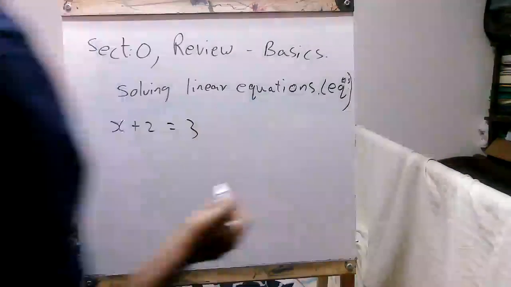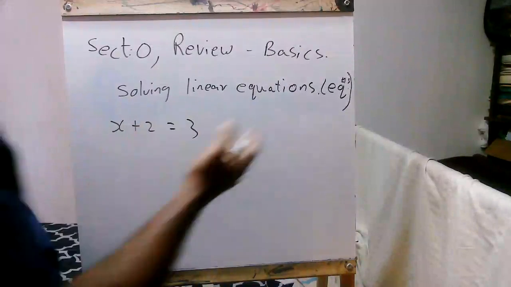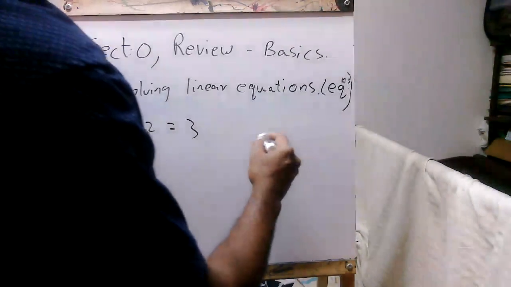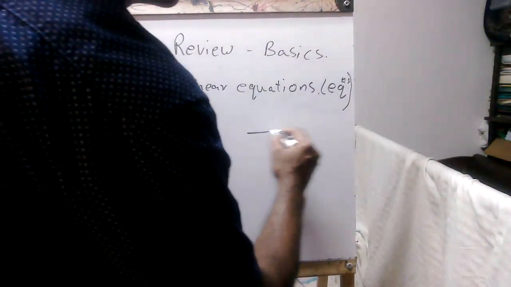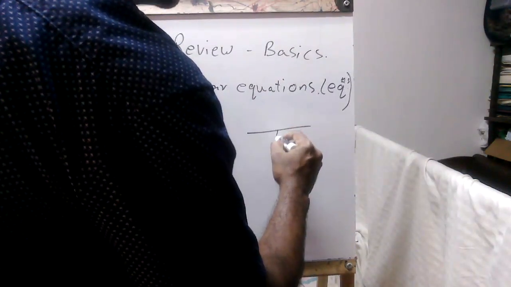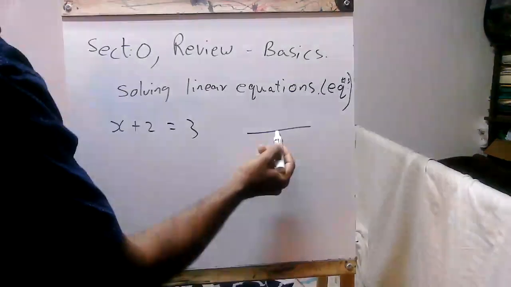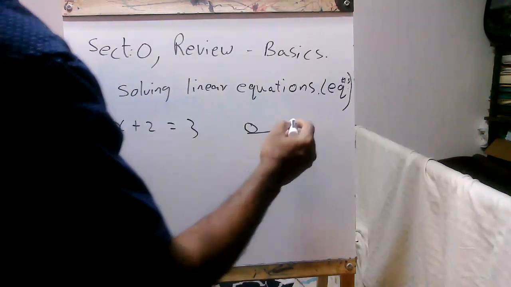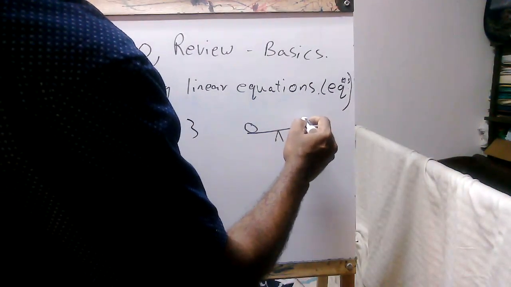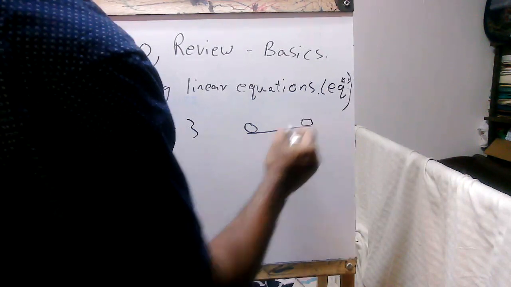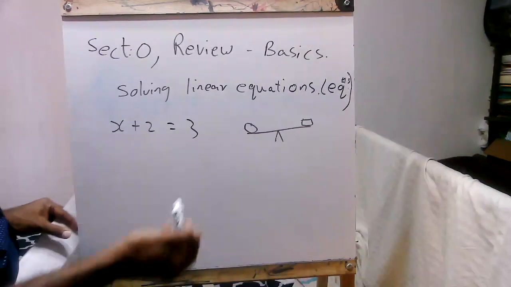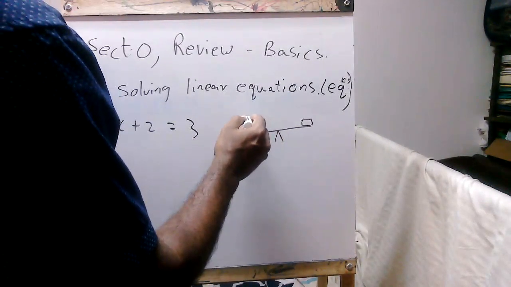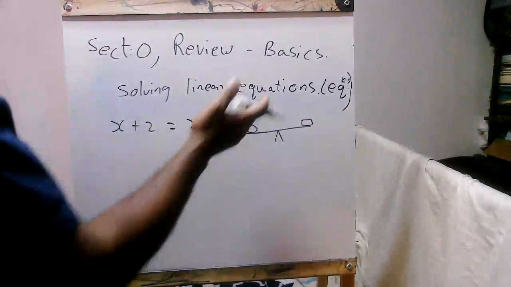Now the principle behind it is simple. An equation is just like a simple balance, balancing at this point. If we put something here and equal weight on the other side, it is balanced. If you put something on one side only, the balance breaks and that side goes down.